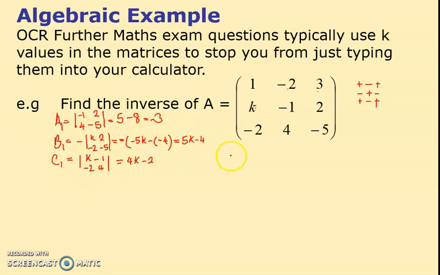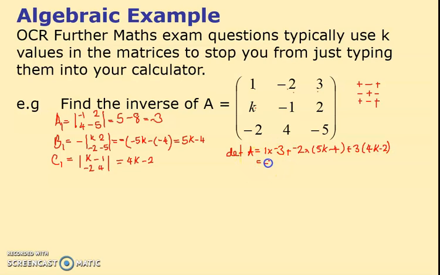I did say find the determinant, so I should really just check that. Now we don't know what the value of k is, so in the question it may well say something about that, but for now I'm not going to be too fussed. But anyway, the determinant of A equals 1 times minus 3 plus minus 2 times 5k minus 4 plus 3 times 4k minus 2.